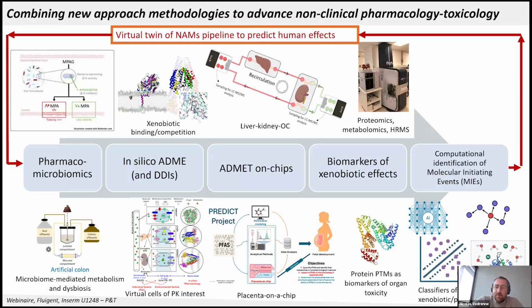Ultimately, this NAMs-based virtual twin approach offers a transformative way to advance non-clinical pharmacology and toxicology. So it supports mechanistic discovery, improves human relevance, accelerates candidate evaluation, and expands our ability to assess novel pollutants and complex exposures long before they reach the clinic.